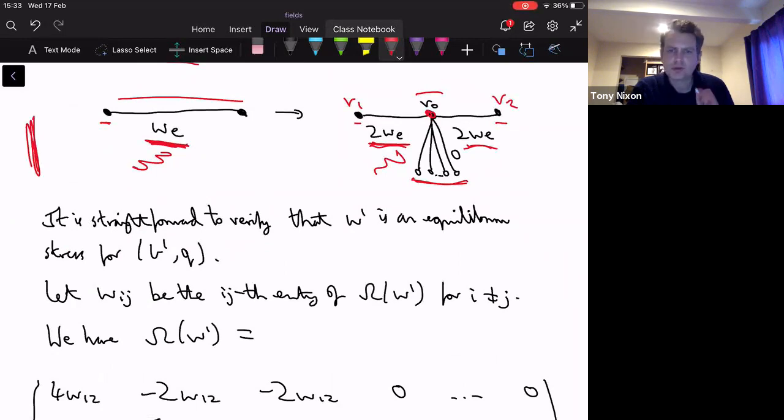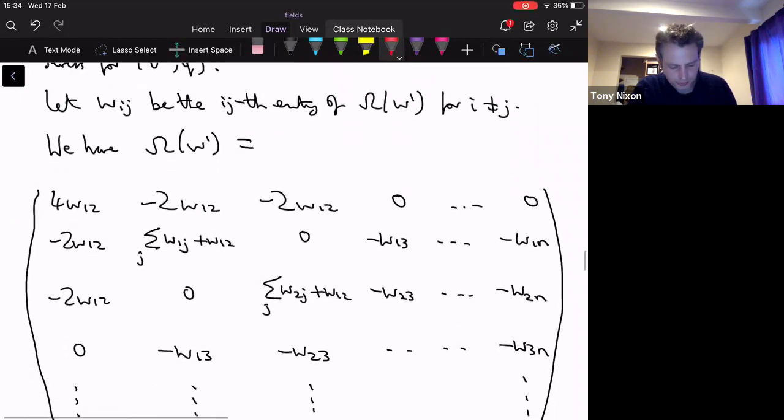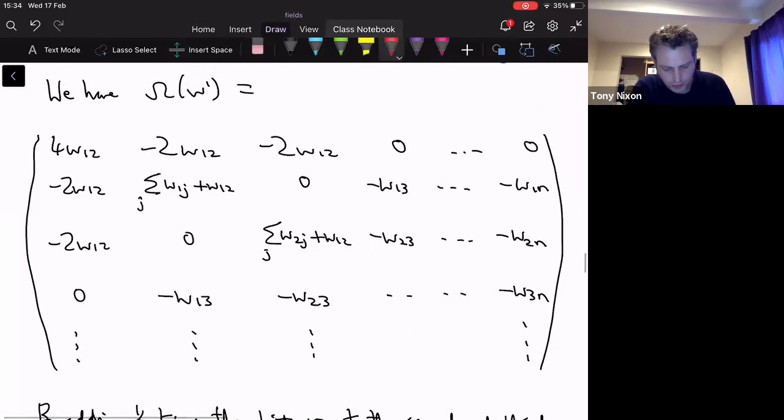So what I want to do is write down the matrix and do some manipulations, and that's all. So here's the stress matrix for my new stress omega dash. So this is the row and column for the new vertex. So for example, this was the row for vertex 1 and this column for vertex 2.